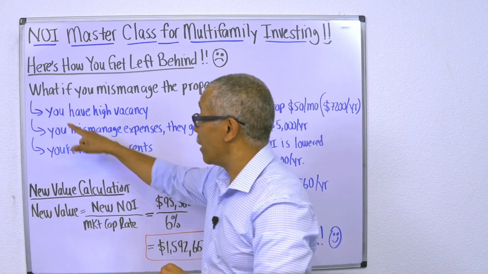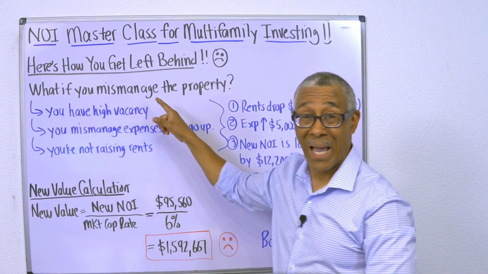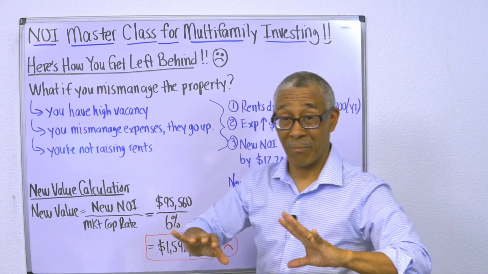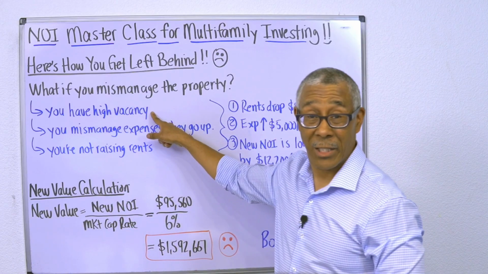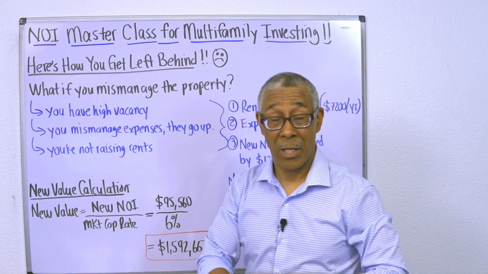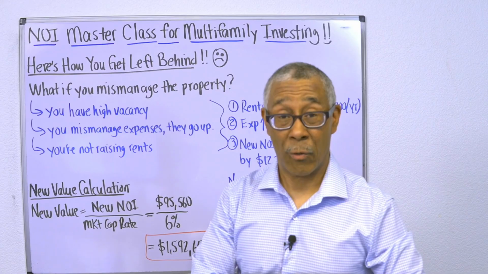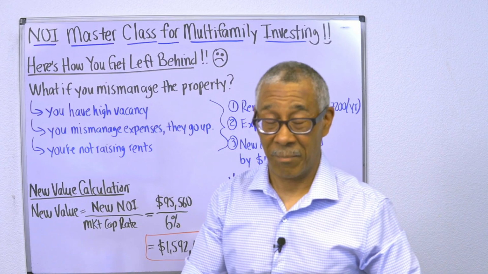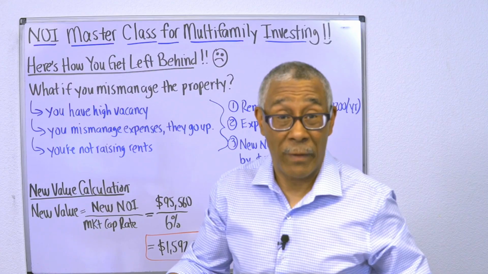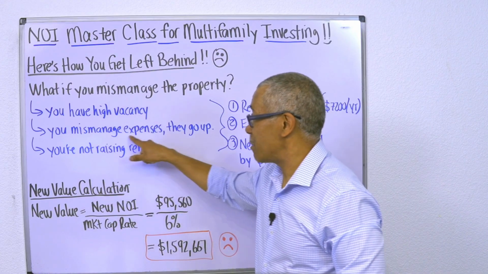Okay, so what if you mismanage the property? Let me give you some real life examples. What if you have high vacancy? You have high vacancy because you have a bad property manager, or you're not taking care of the grounds, and your grass is uncut, and nobody wants to move in. What if you mismanage the expenses?